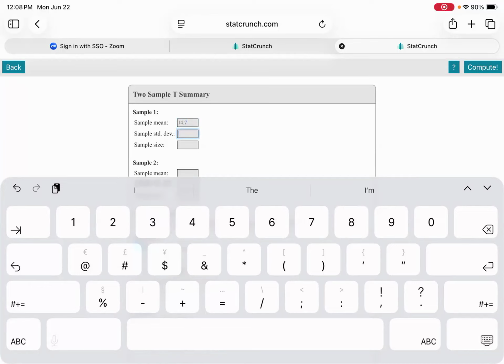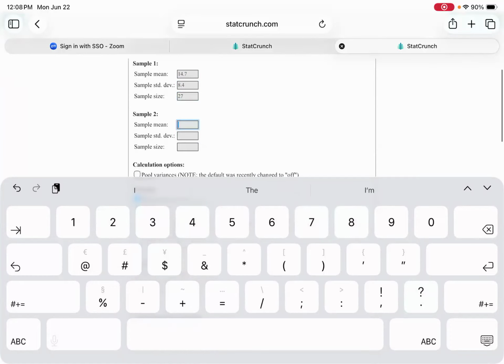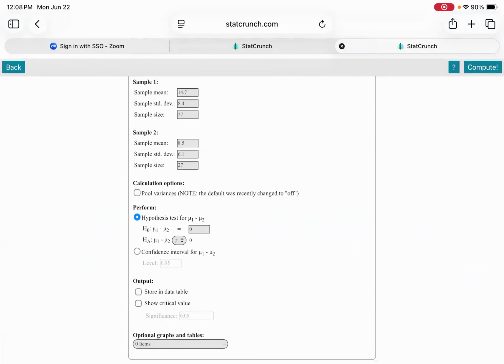Okay, the standard deviation was then 8.4 and sample size 27. And again, all I'm doing is writing down the information from the two samples that we identified as 1 and 2.